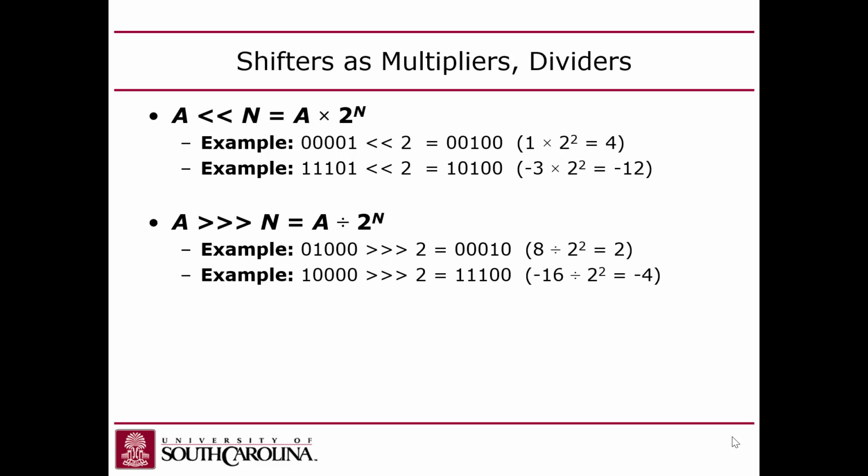That becomes 10, right? And that's going to be 5 times 2 to the 0th power. If I take that original 5 and I shift it by 2 bits to the left, I get 1 0 1 0 0, right? Now this is bit 0, bit 1, bit 2, bit 3, bit 4. So this is 2 to the 4th power, so this is 16, right? Plus 2 to the 2nd power is 4. So this is 20. And this is going to be 5 times 2 to the 1st power.